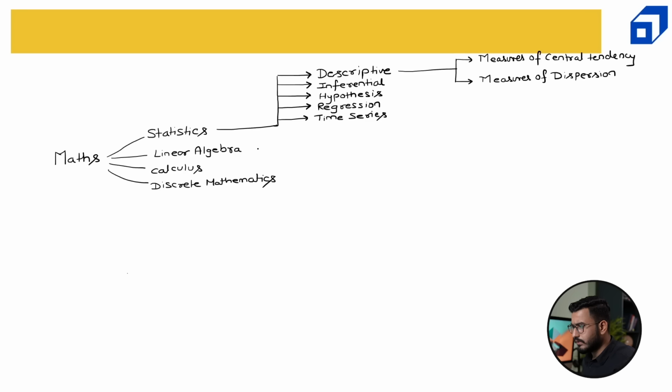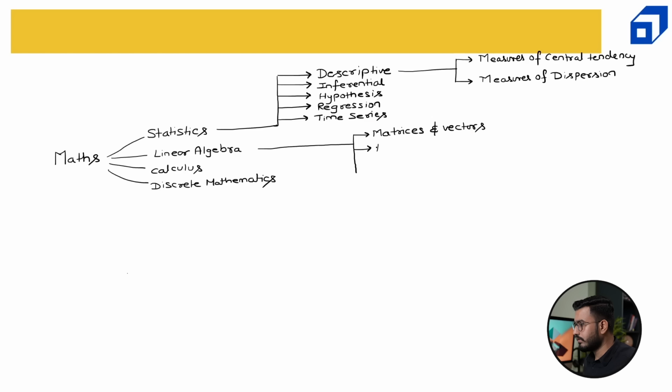Now let's focus on linear algebra. Linear algebra starts with the concept of matrices and vectors. So number one, matrices and vectors, followed by matrix operations.